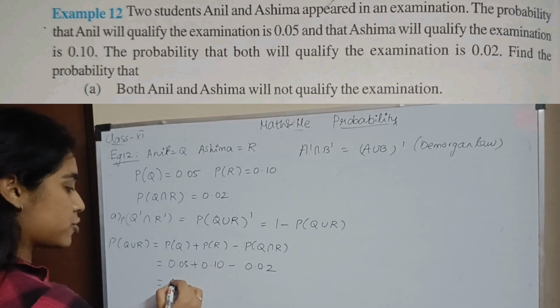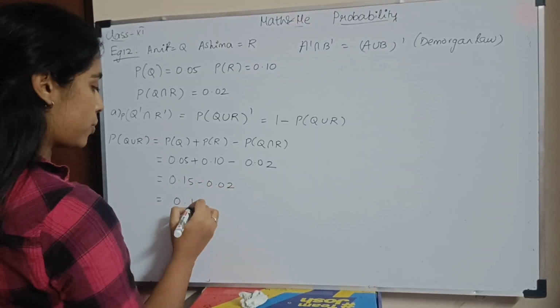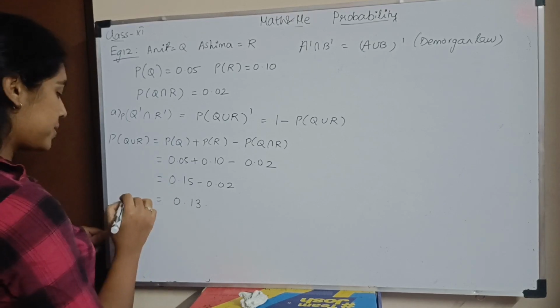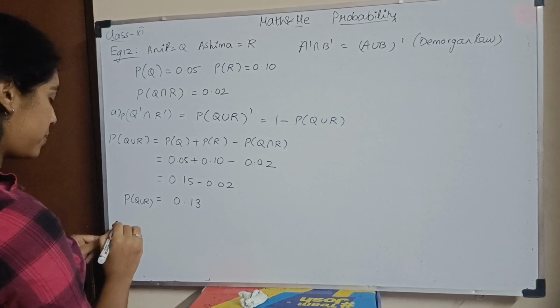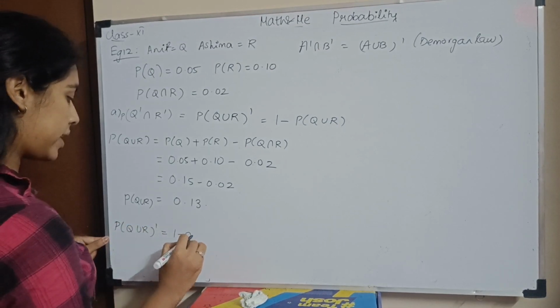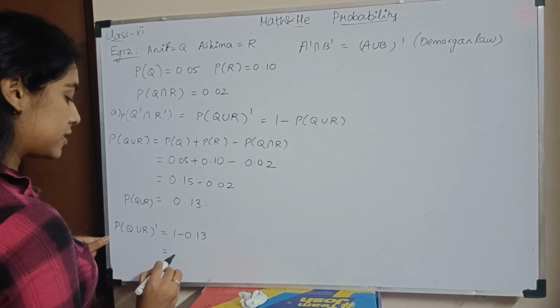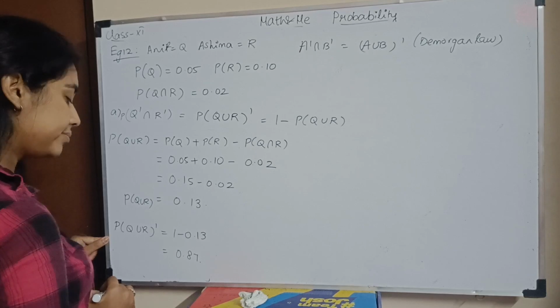First add, so you have 0.15 minus 0.02, which is 0.13. This is my P of Q union R. But what I need is 1 minus that. So, P of Q union R the whole dash is 1 minus 0.13, which is 0.87.